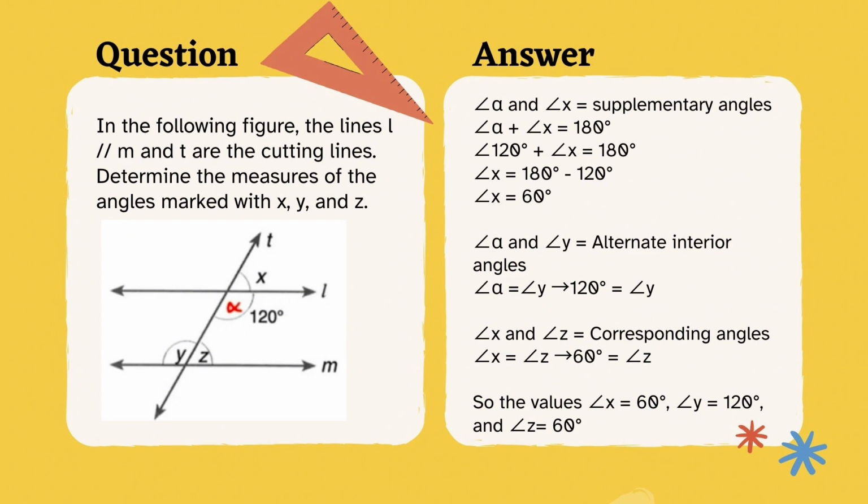Then angle x and angle z are corresponding angles, so the magnitude of angle x is the same as angle z, with angle x being 60 degrees, so angle z is 60 degrees. So the values are angle x is 60 degrees, angle y is 120 degrees, and angle z is 60 degrees.